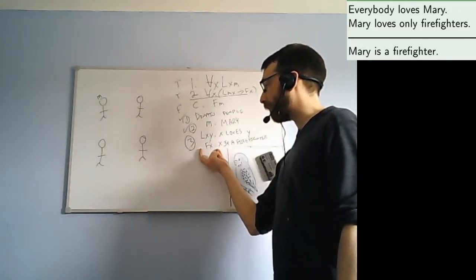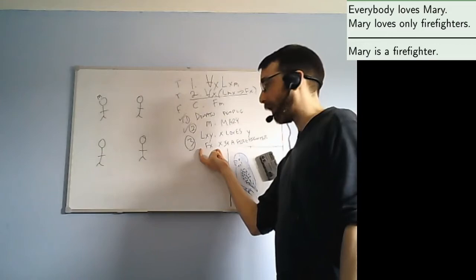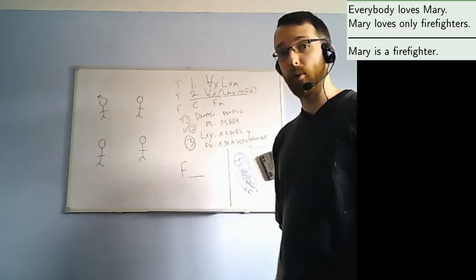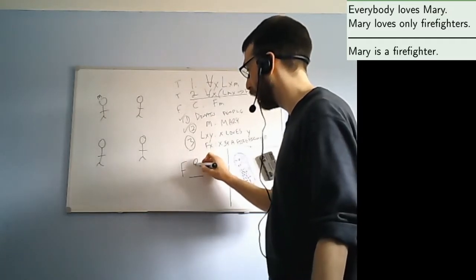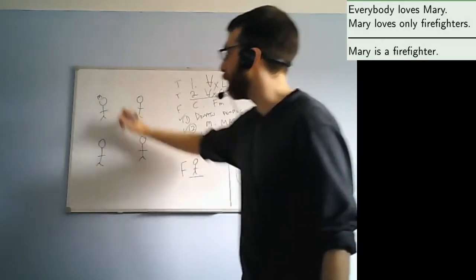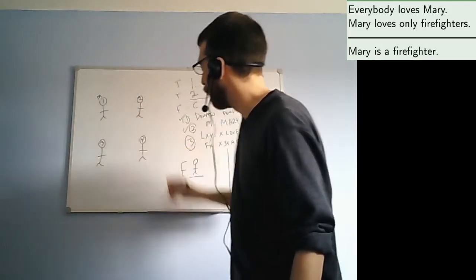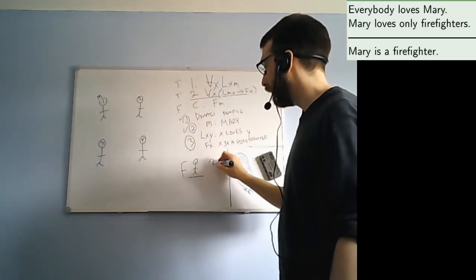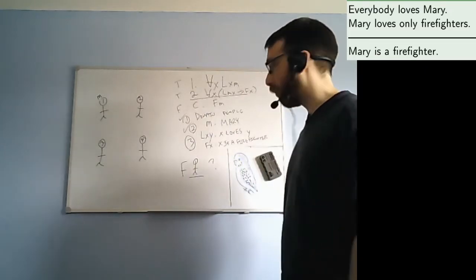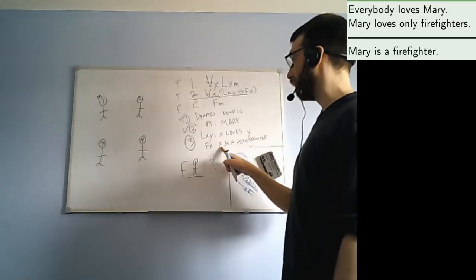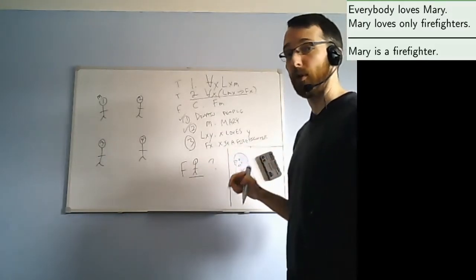Let's start with this one place predicate. Blank is a firefighter. So I need to know, no matter who I fill in this blank with, I need to know of that person. Maybe just so we can tell them apart, I'll call these people 1, 2, 3, and 4. So I need to know, is number 1 a firefighter? Or rather, if I put a name of number 1 in the X blank, is X is a firefighter going to be true or false?